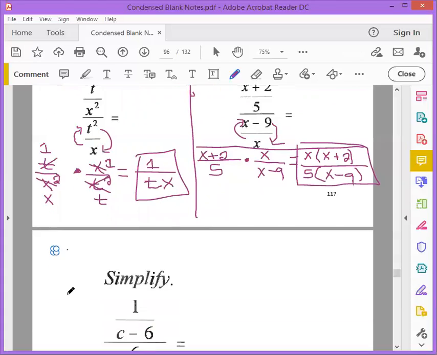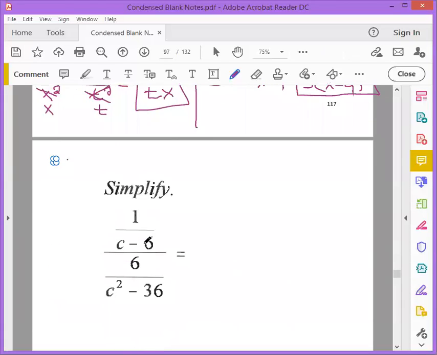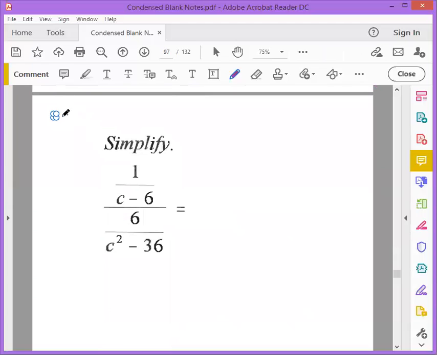Now the next example, we have 1 divided by c minus 6 and 6 divided by c squared minus 36. Now we are going to apply our steps. We're going to keep, change, and flip the bottom fraction. But before we flip that bottom fraction, I want us to consider, look, we have a difference of perfect squares.